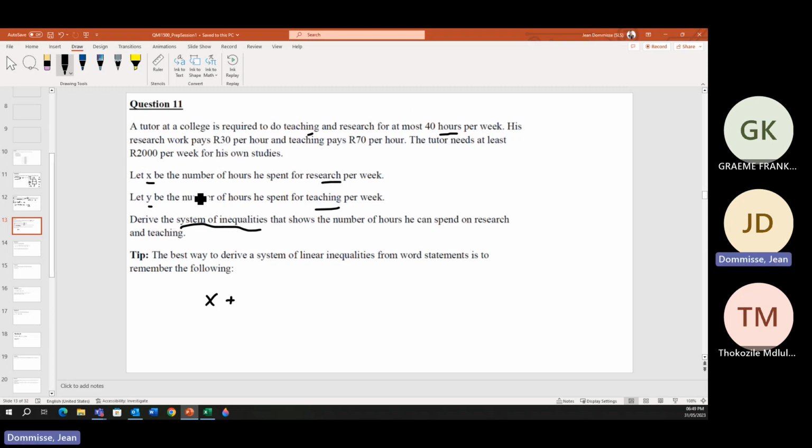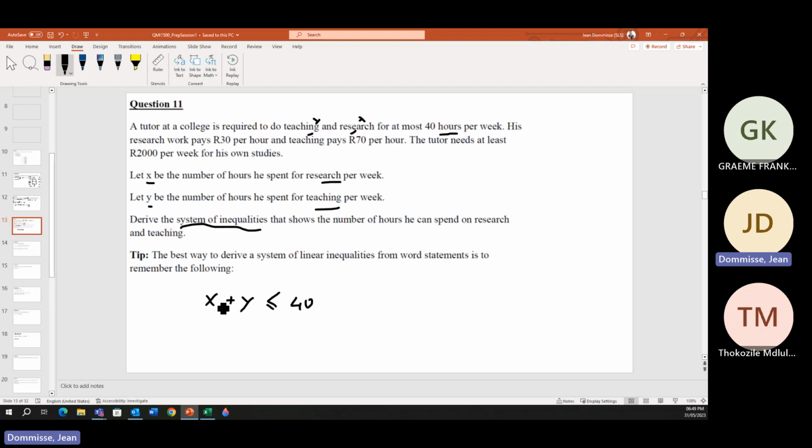So we know that the first one, they can do teaching, which is Y, and they can do research, which is X. But basically X plus Y cannot be bigger than 40 hours. It can be equal to 40 hours, but can't exceed 40 hours.